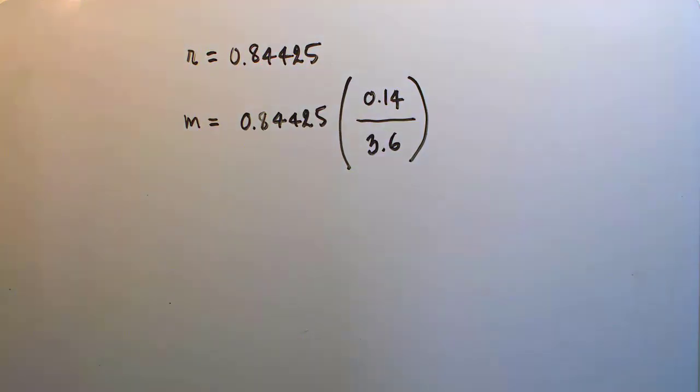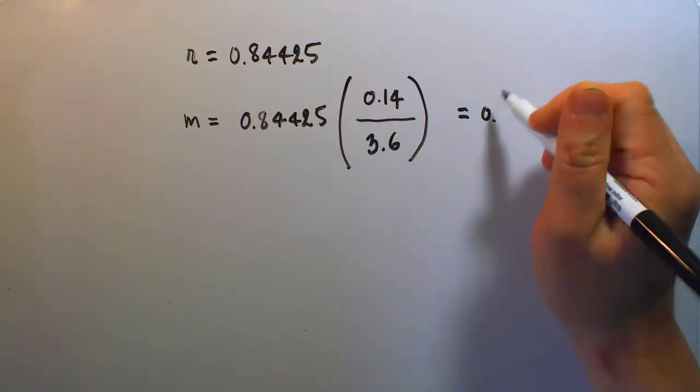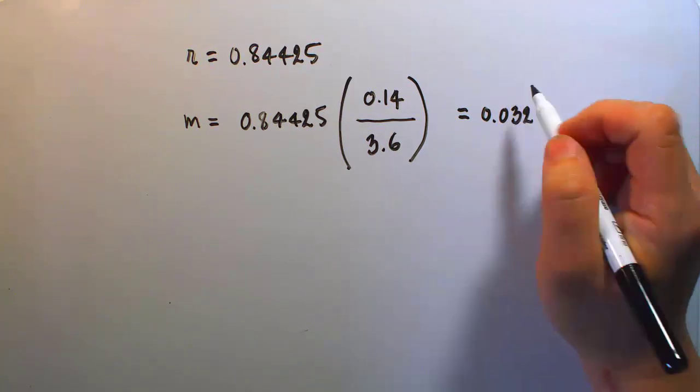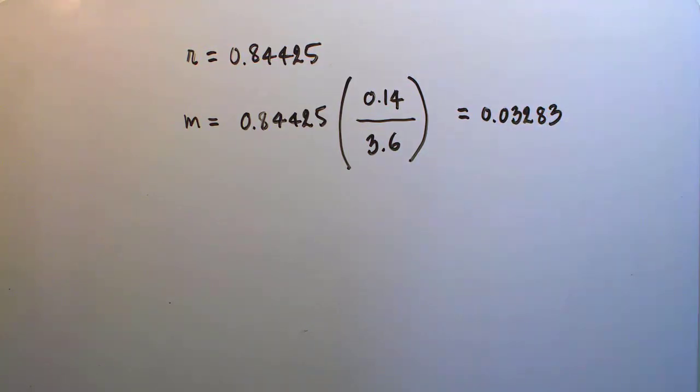The calculation shows 0.03283, and that is how we calculate the slope of the best fit line.